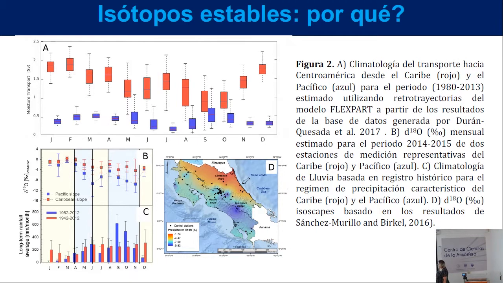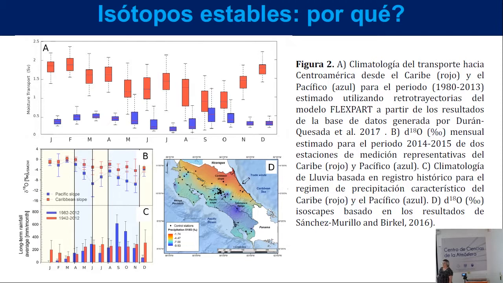With this information, we can say the model somehow knew this. The model tells us where the transportation is prevailing in the Caribbean regime. In the Pacific regime, the transportation is below; it's very small compared to the Caribbean one, so we became very happy. And what do we do? What can we represent?